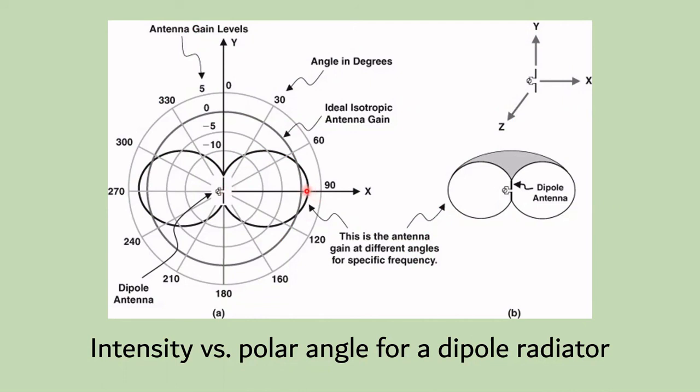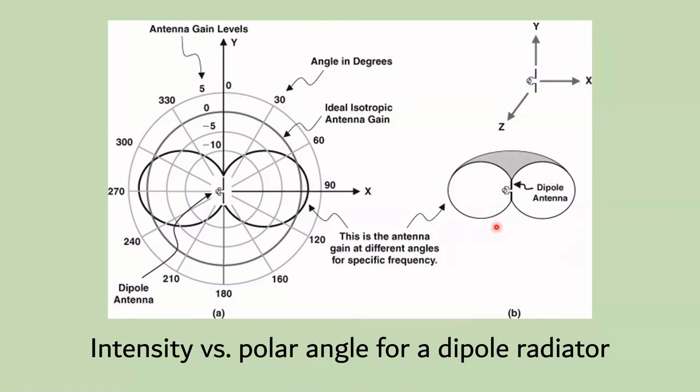So here the curve is farthest from the origin, indicating that at an angle of 90 degrees from, I guess, the axis of the antenna, you would get the most absorption. And in this direction, the forward direction, the distance of the curve from the origin is almost zero. So we can see from this diagram that there's almost no emission or absorption along this direction, but we get maximum absorption along this direction. I should probably say maximum gain.